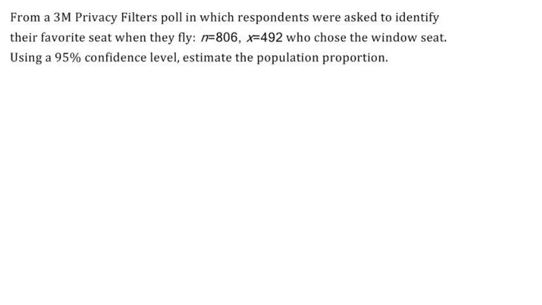Okay, here's my next example, so please stop the video at this point. I want you to see if you can come up with the confidence interval here. I know it just says estimate the population proportion, but you're not going to get a 95% confidence level without a confidence interval. And then come back to the video and we'll work it out together.